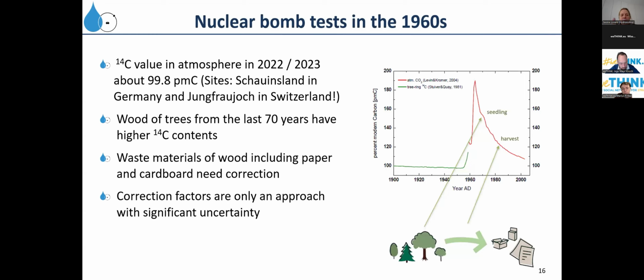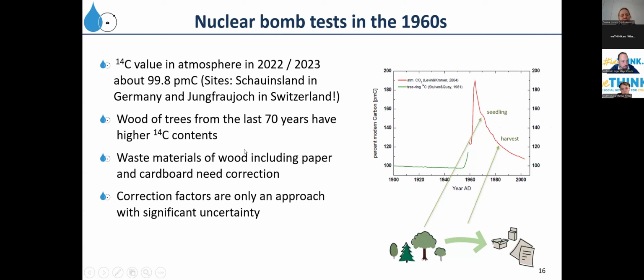But if we go for wood or paper, this is mostly from older material. So if you think of a seedling in 1970 and a harvest of this tree in 1980, you may have a mixed result of 140% modern carbon in this wood.